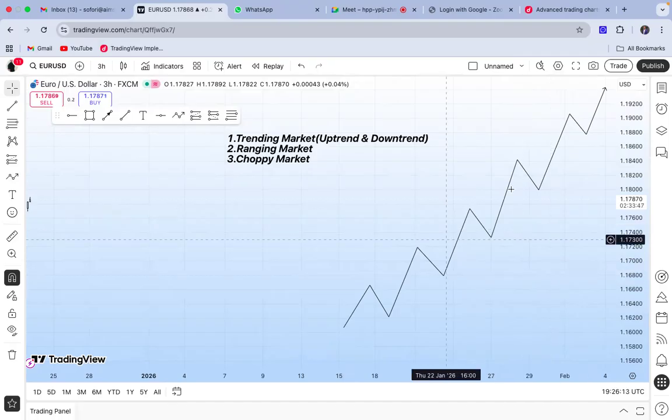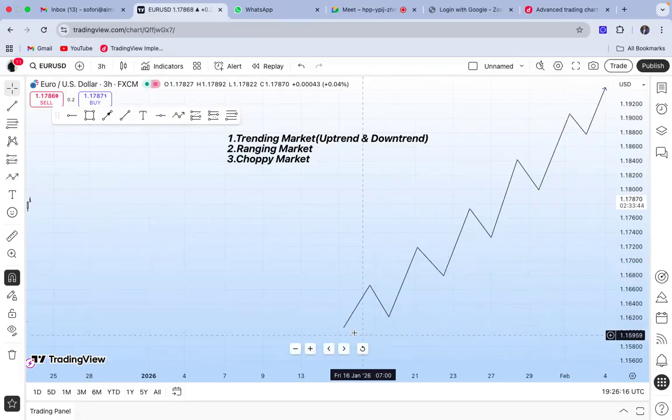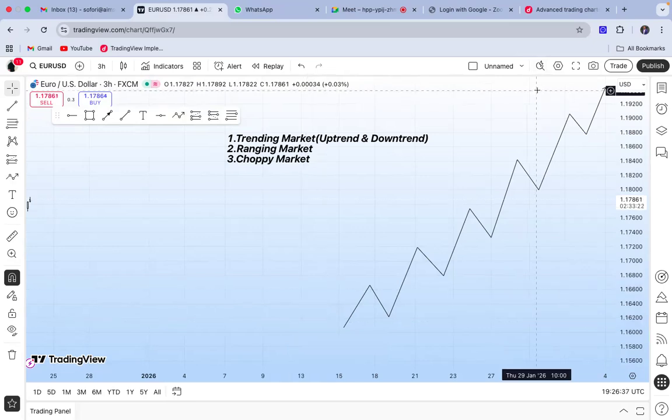Now look at my cursor. Observe it well. When I place it here, let's read the price from the right side. I'm talking about this side. The price is 1.16070, or 1.1607. Now let me take it up there and see the price over there.